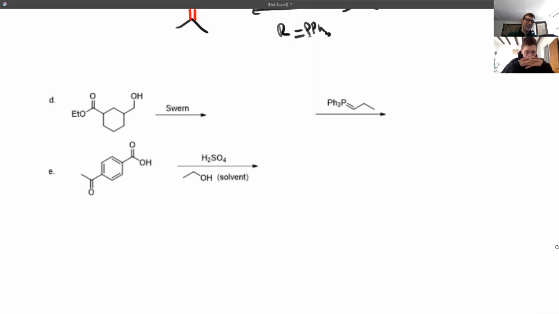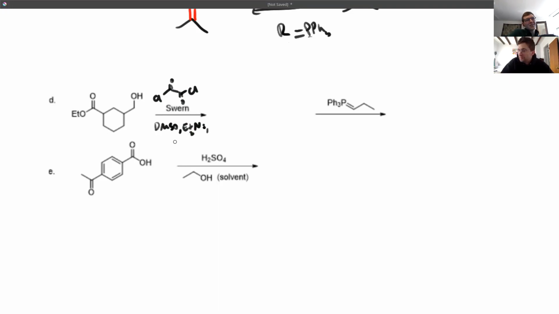Yeah. Okay, so with Swern, is it always that really weird looking dichloride reagent? Or what goes into the Swern oxidation? Yes. This guy, oxalyl chloride, DMSO, triethylamine, I hope.